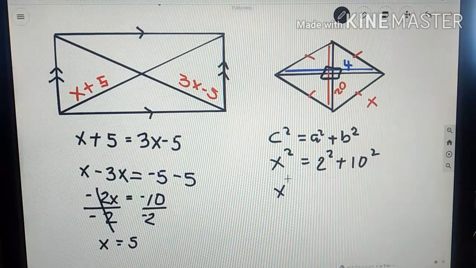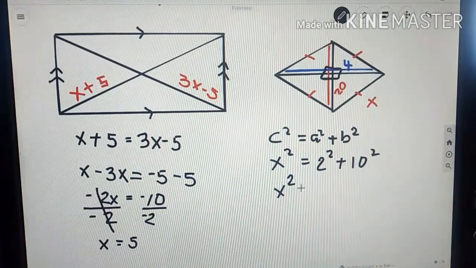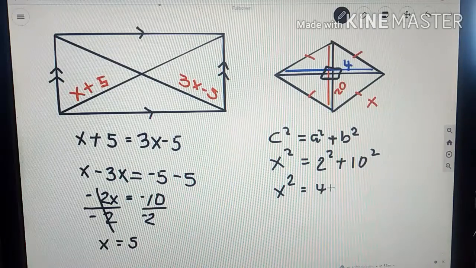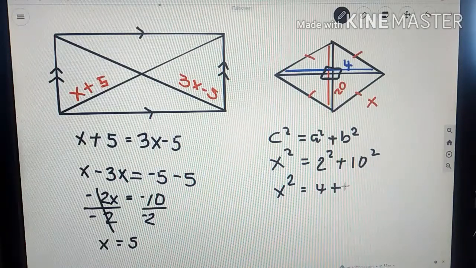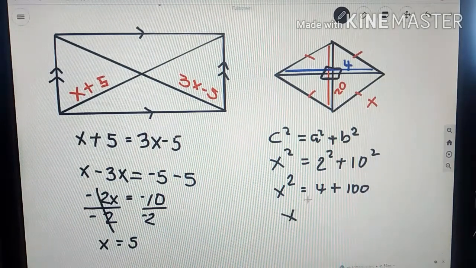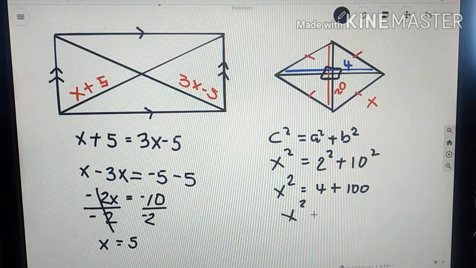Simplify. 2 squared is 4 plus 100. x squared is equal to 104.